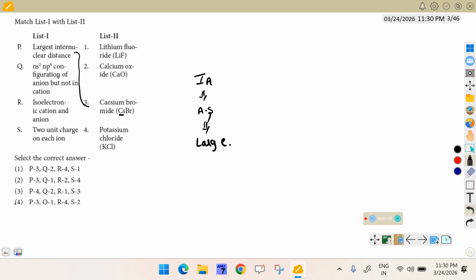ns2 np6 configuration is of the anion but not the cation.